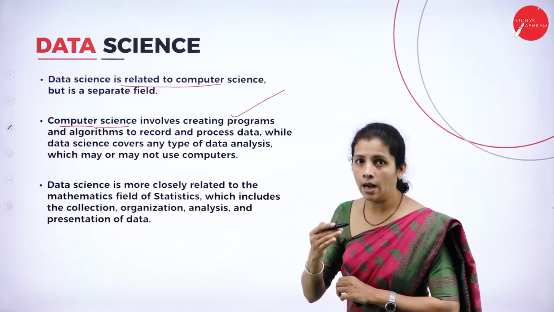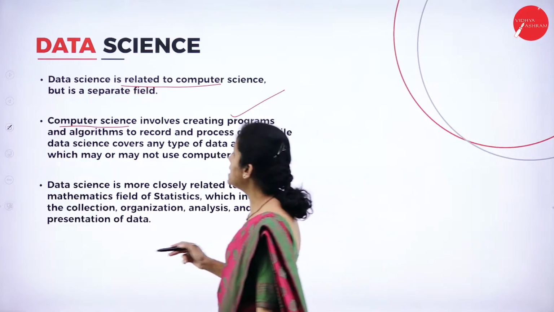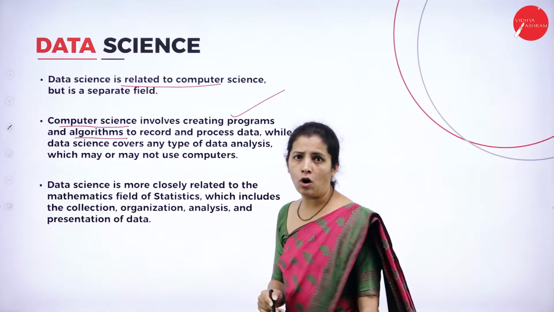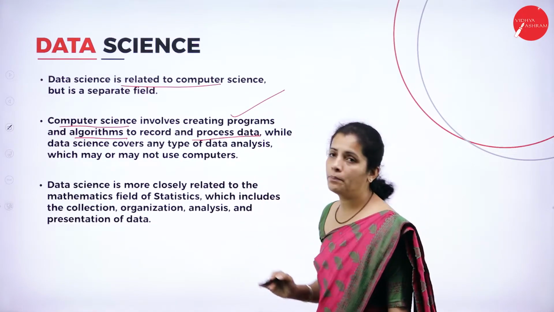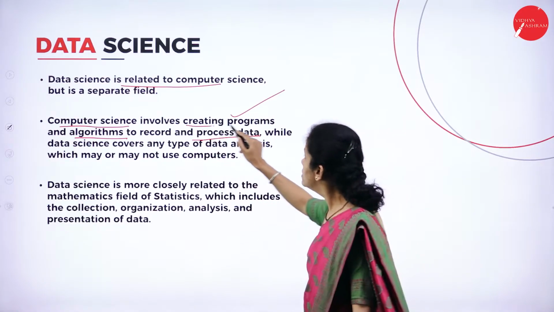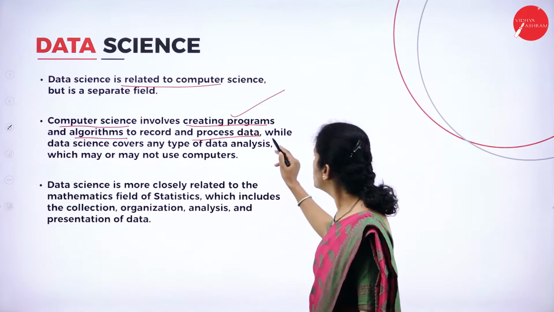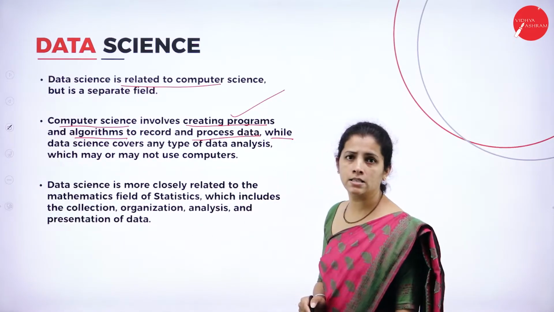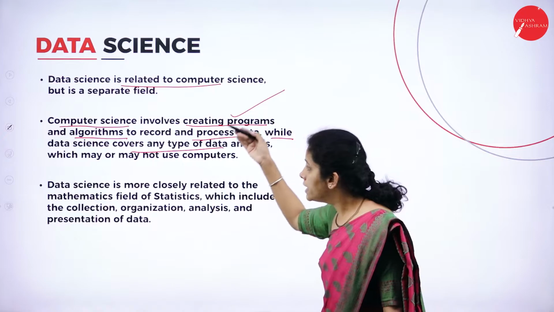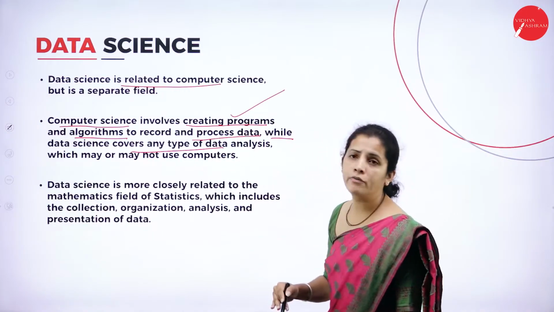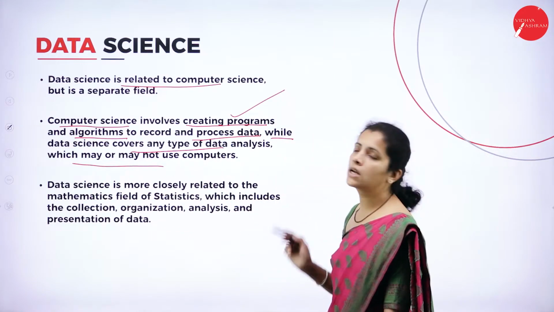That means under computer science, we can create programs as well as algorithms to record and process the data, creating a program by using an algorithm. While data science covers any type of data analysis, which may or may not use computers.